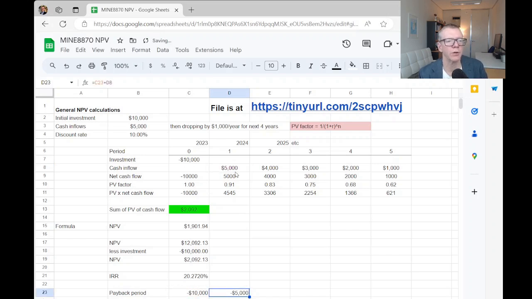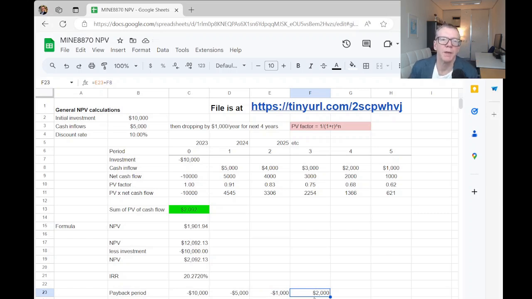So I've now got a cumulative cash flow. In the next year, I'm now down to negative $1,000 because I've got the 5,000 plus the 4,000. And so in between year 2 and 3 is where I cross over.